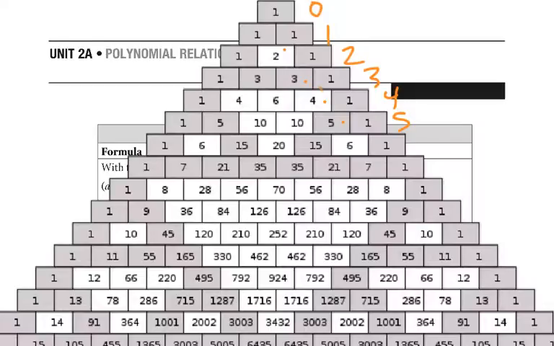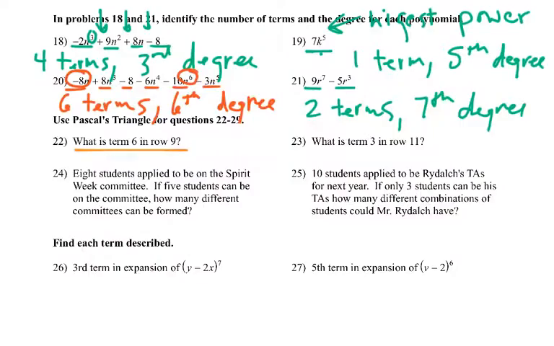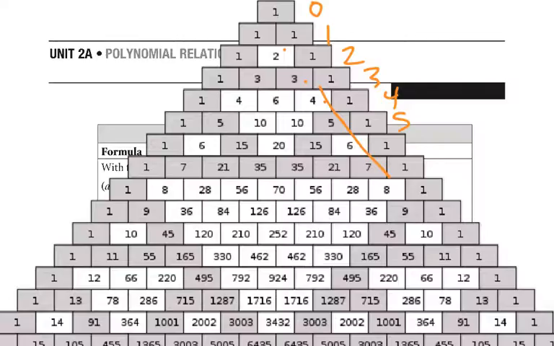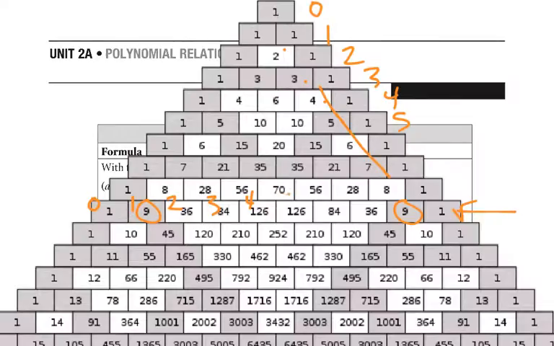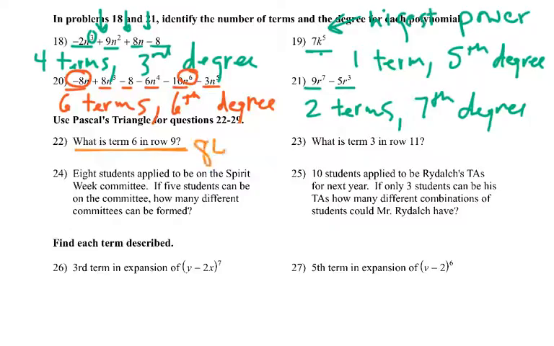So you can go down and see, okay, we want row 9. So here's row 9, because the 9s are right there. Now remember, we start with term 0, and then go term 1, 2, 3, 4, and so on. We wanted term 6, 5, 6. So term 6 would be 84. That's all it wanted you to find there, that coefficient essentially.